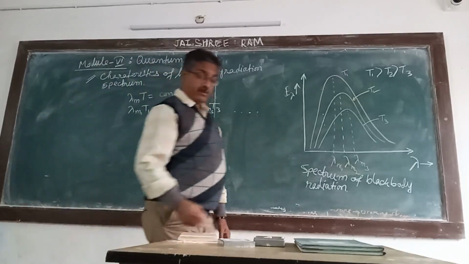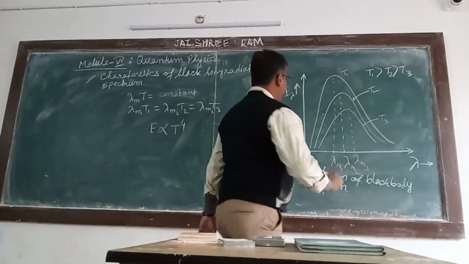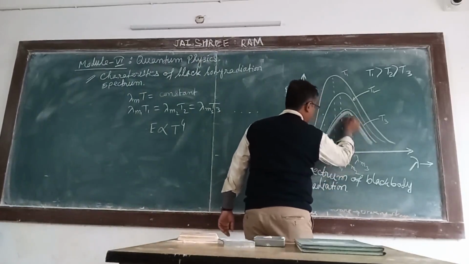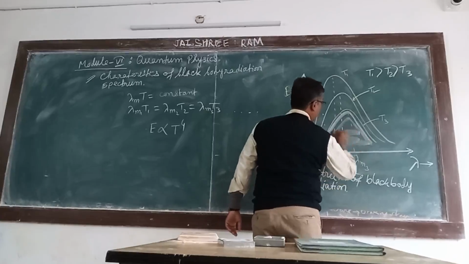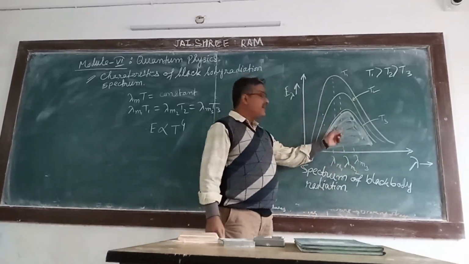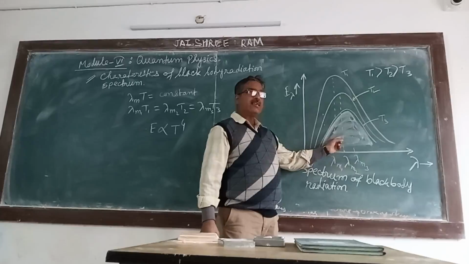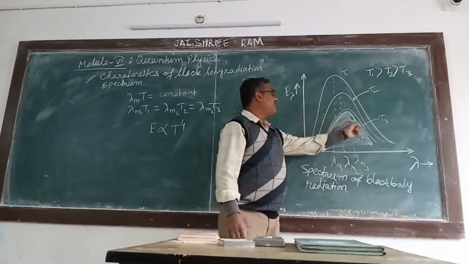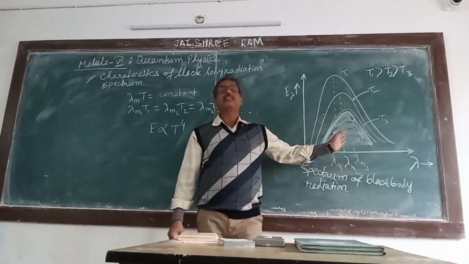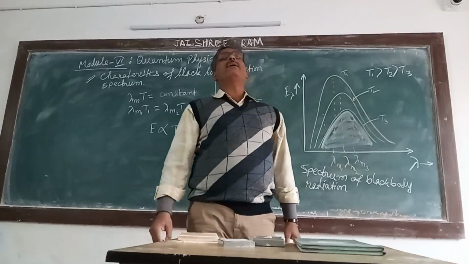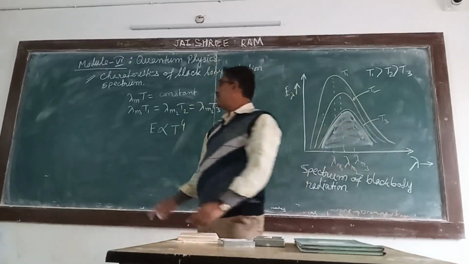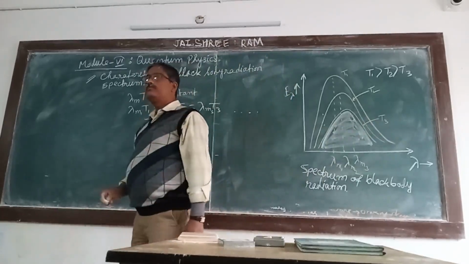So what is the definition? That means the area under the curve. This is the area under this curve. So this area represents the total energy emitted by the black body at temperature T3, and it is found that it is proportional to T to the power 4.